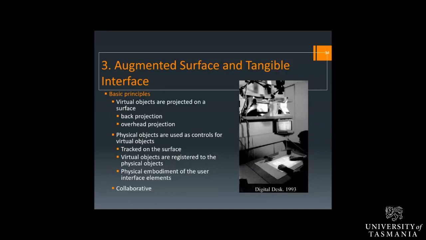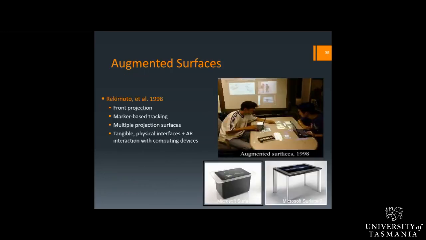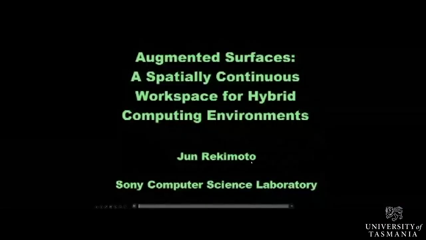There's a physical object used as a controller. It could be a stylus, or some sort of physical object. This is designed to be not really portable. It's very hard to make it portable in this case, but it allows you to be more collaborative. This one is work done by the University of Tokyo as a prototype.